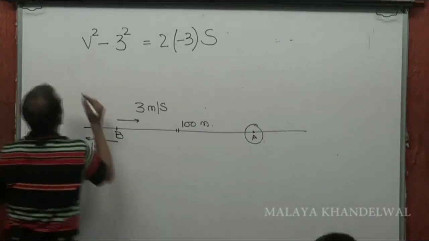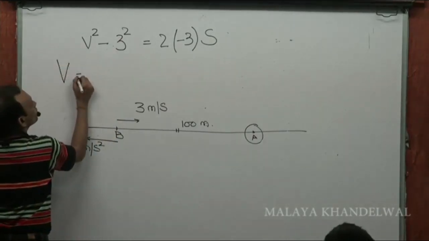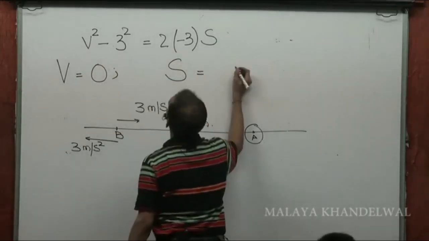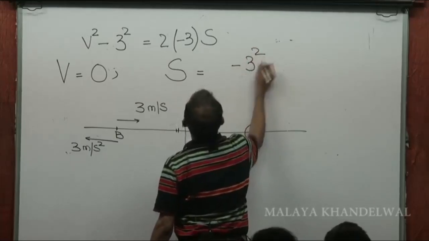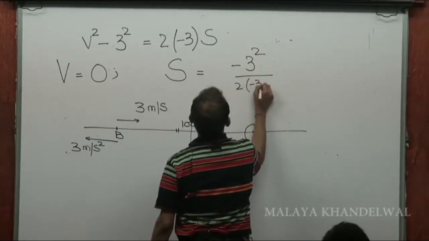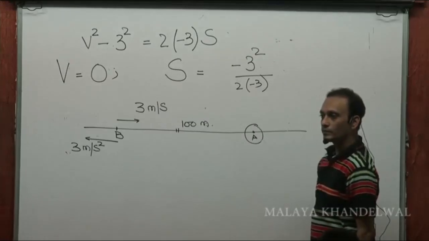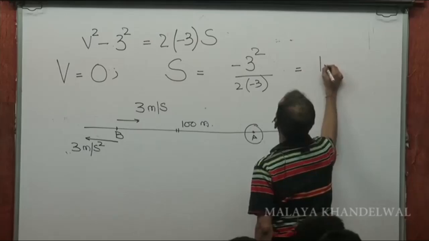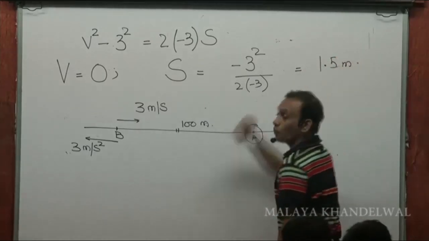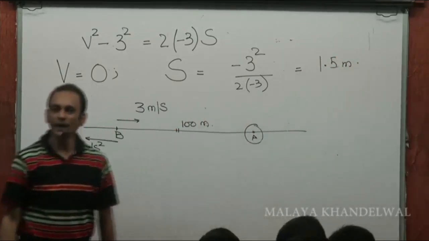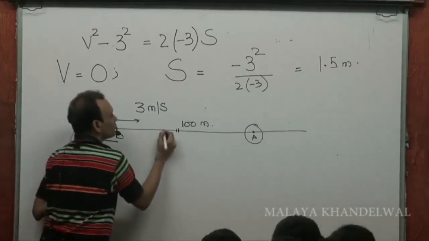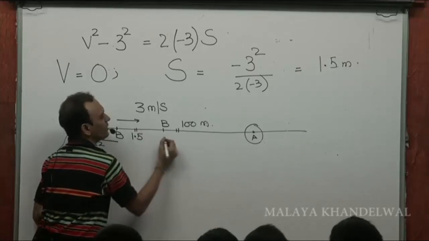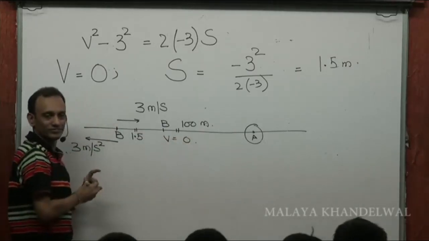When v is 0, the displacement of B is going to be -3 squared divided by 2 into -3. Yes or no? So that makes it 1.5 meters. B gets displaced by 1.5 meters and its velocity becomes 0.